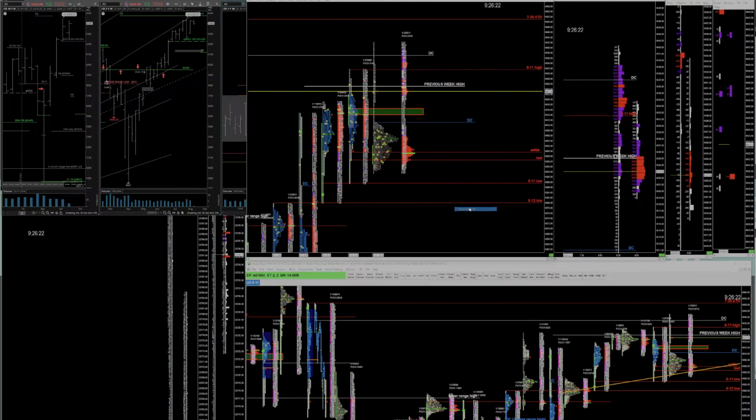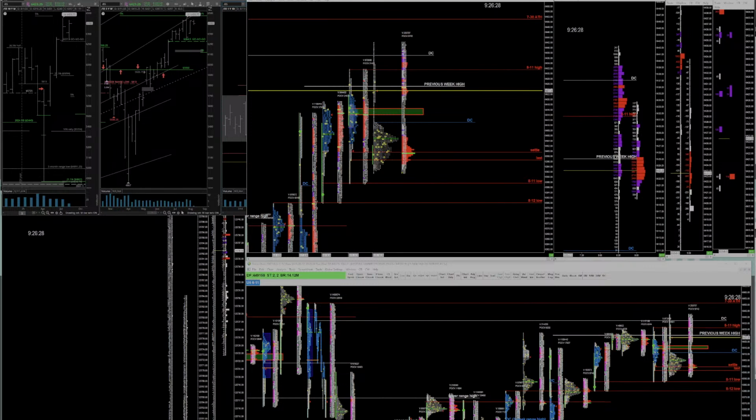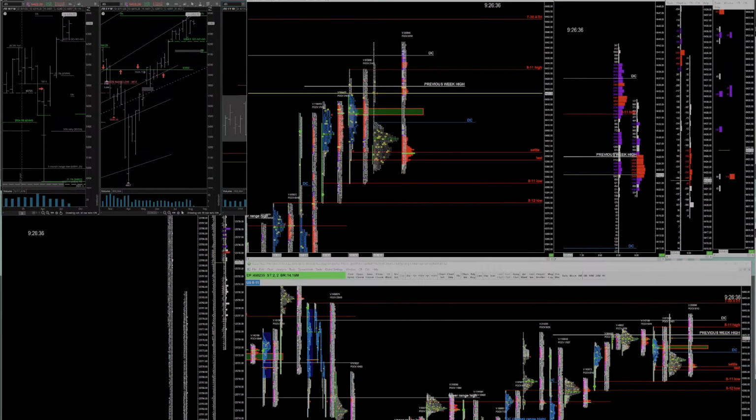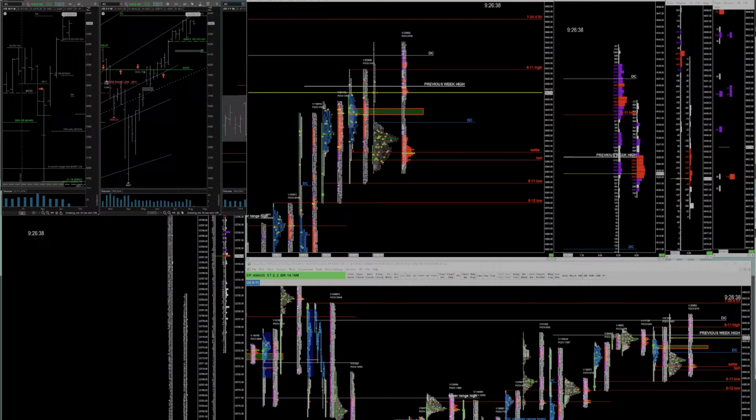There has been heavy presence, a lot of short-term, very mechanical trading in this market. Alright, the market is going to open very soon.